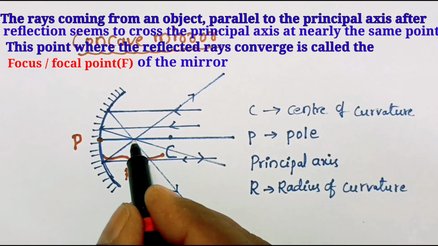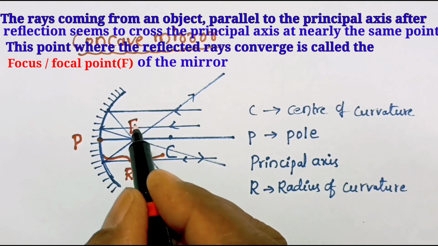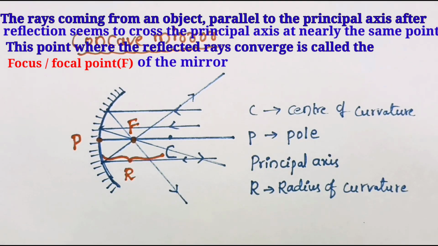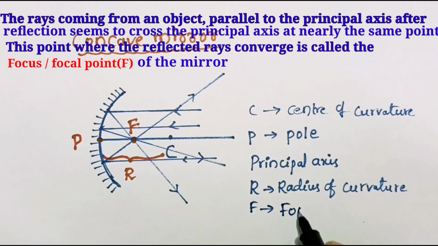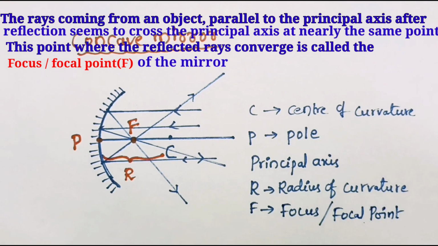All the reflected rays join at a point. This point is called the focus or focal point. Definition: the rays coming from an object parallel to the principal axis, after reflection, cross the principal axis at nearly the same point. This point where the reflected rays converge is called the focus or focal point of the mirror.